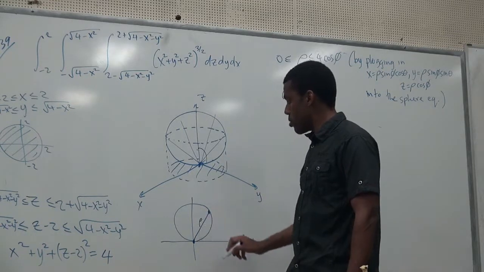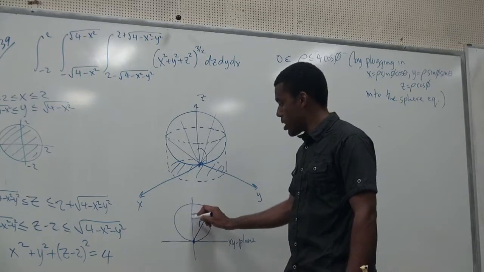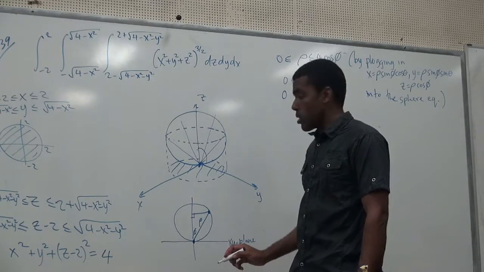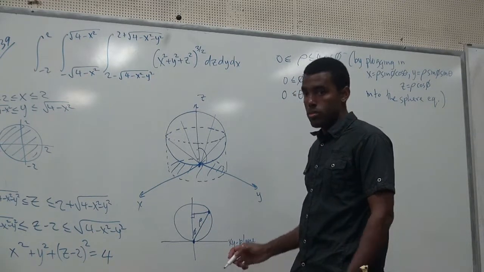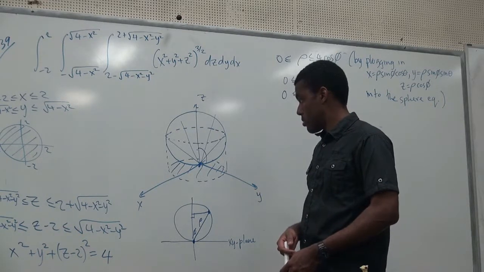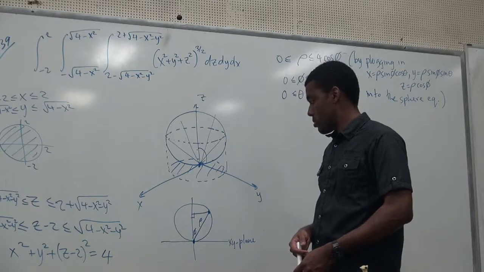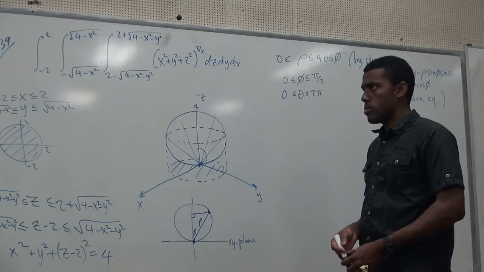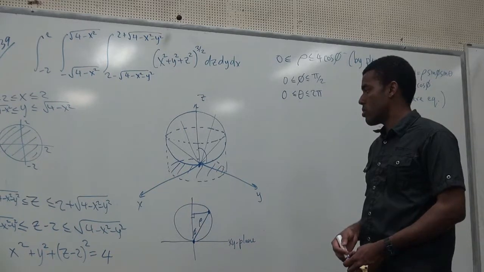That's going to be your rho. You form a right triangle here. What I did was I found a point exactly at radius 2 in the sphere, made the line from the origin to that point my rho, and calculated with a right triangle, and that's how I got pi over 2.